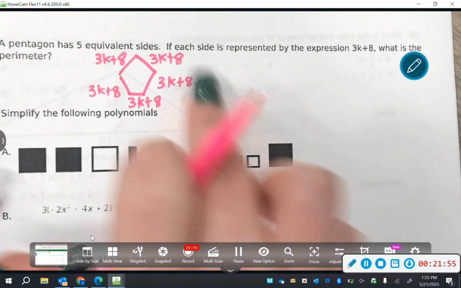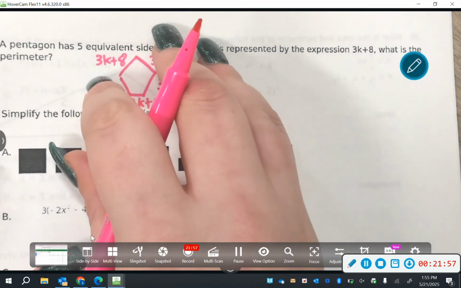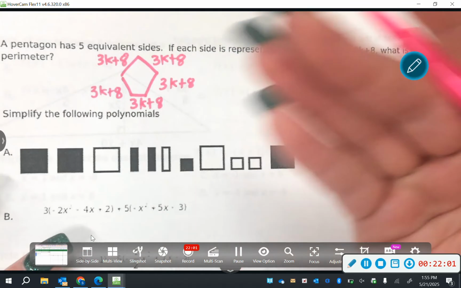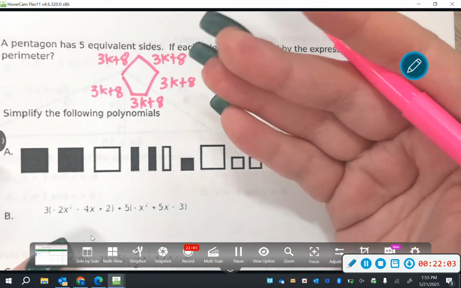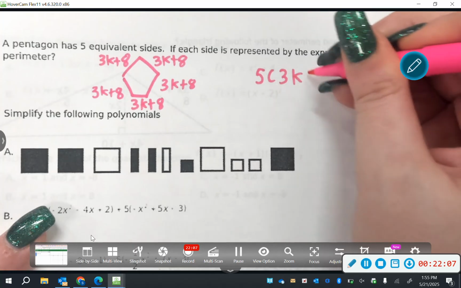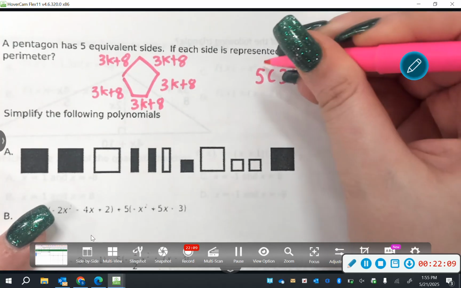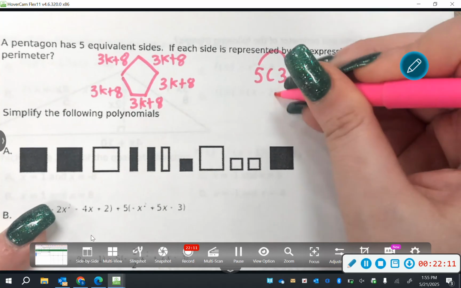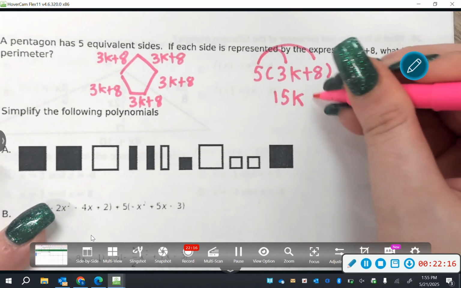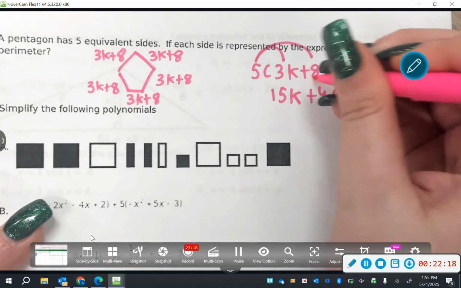You can either add these all together by combining like terms, or someone in first period said, can't I just multiply by 5? Yes, you can, because all 5 sides are the same. So 5 times 3k plus 8. 5 times 3 is 15, so we got 15k. 5 times 8 is going to be plus 40.